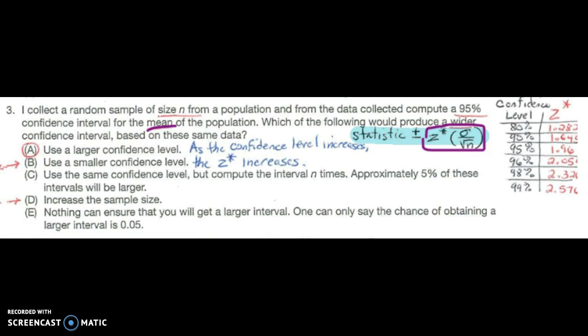They want to know which one would produce a wider confidence interval. So if I look at my levels, I start at 95% right here, and if I increase it, notice my critical value is getting larger and larger. And then when I look through the rest of these, A is the only correct answer.